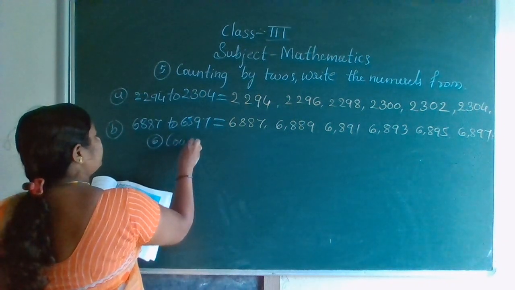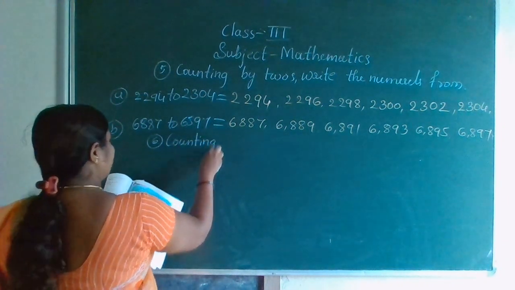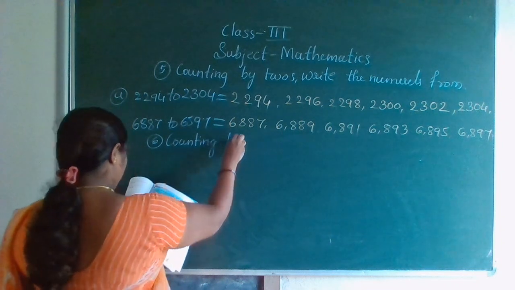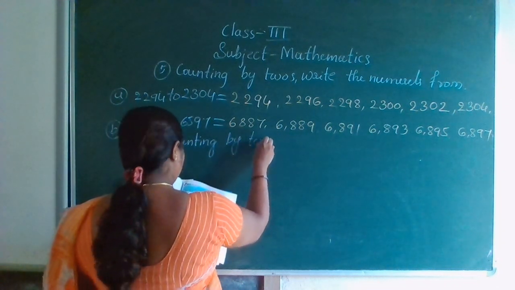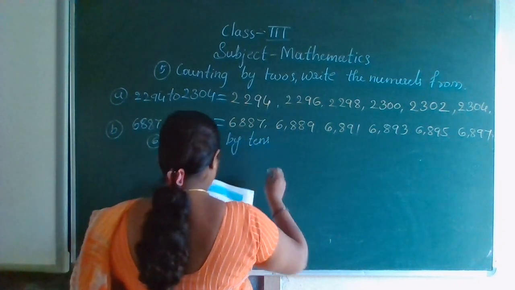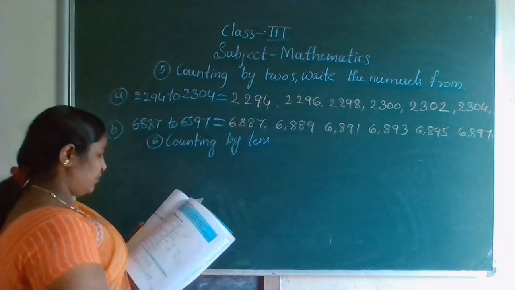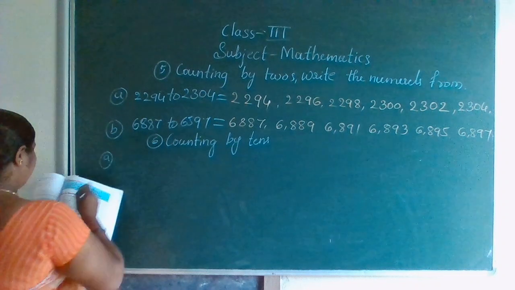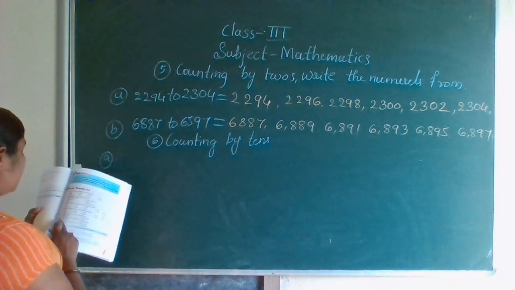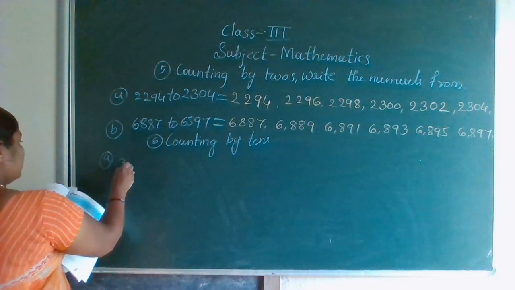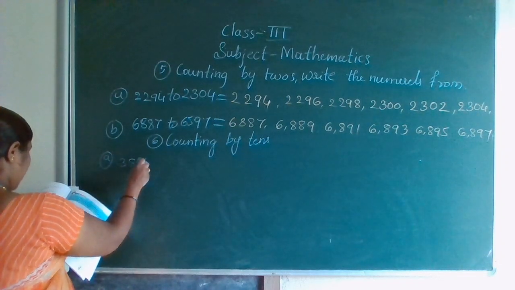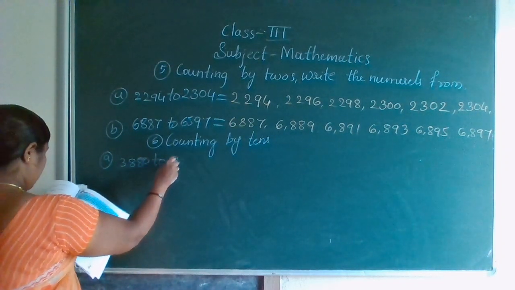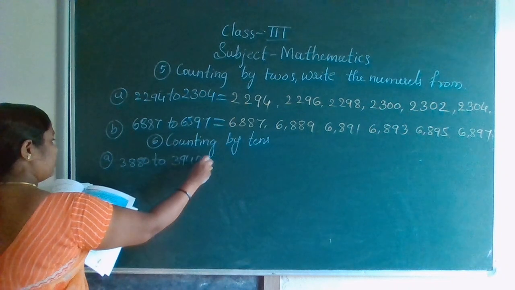Counting by tens. Write the numerals from: A, 3880 to 3940.